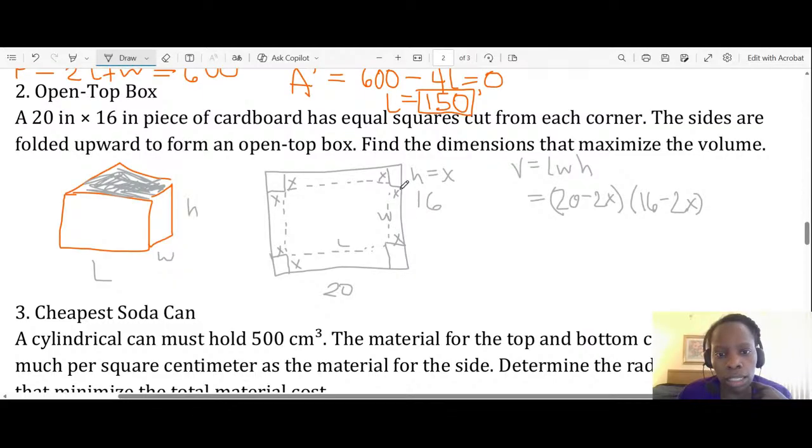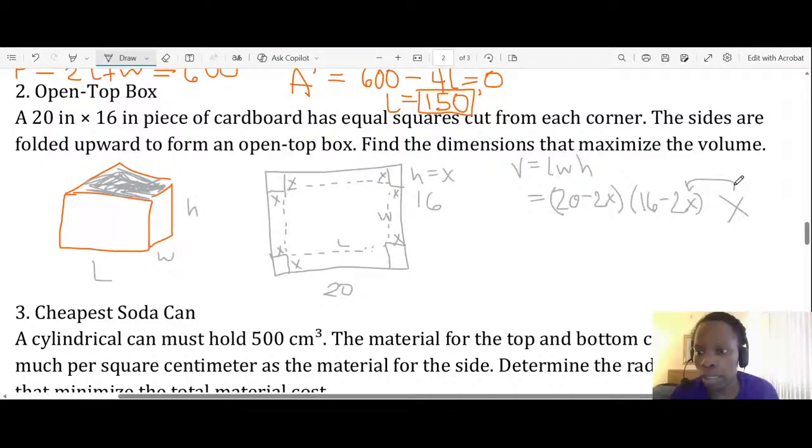And the height is just x. Okay. So we really have a cubic equation that we're going to take the derivative of once we multiply this all out.